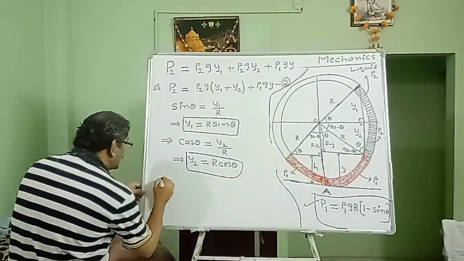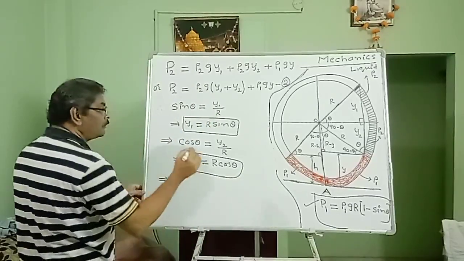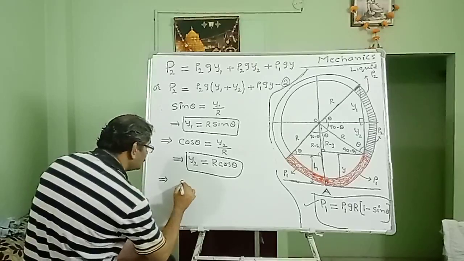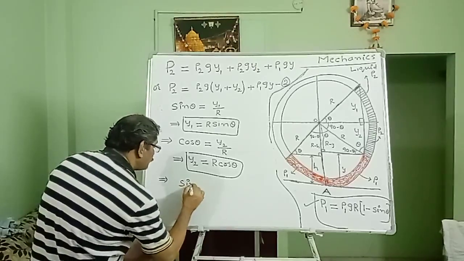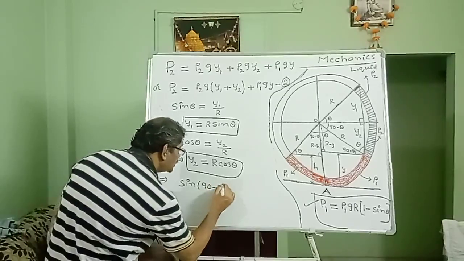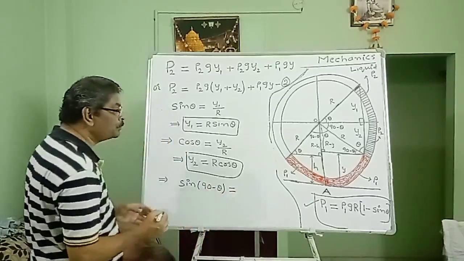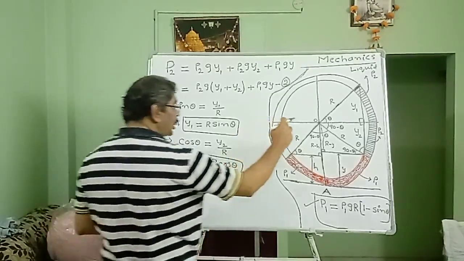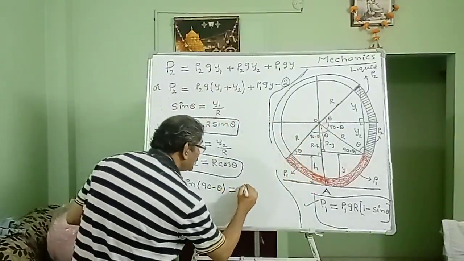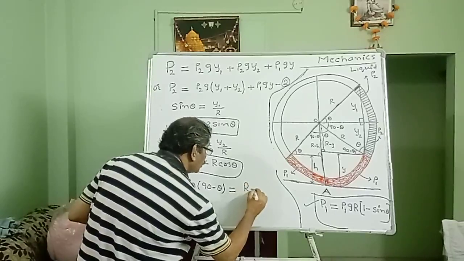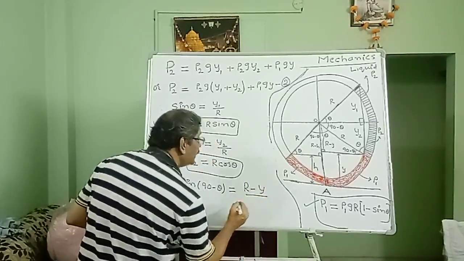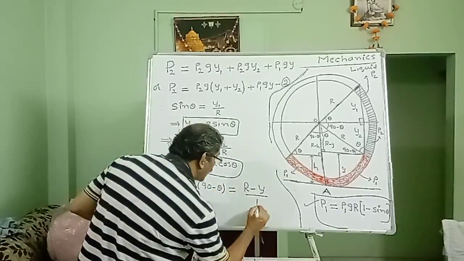So we got one more right angle triangle. Sine 90 minus theta will be numerically equal to opposite divided by hypotenuse, so I get r minus y divided by r.